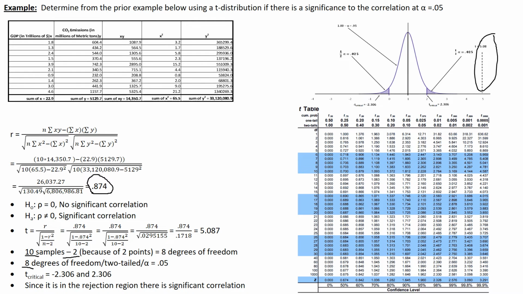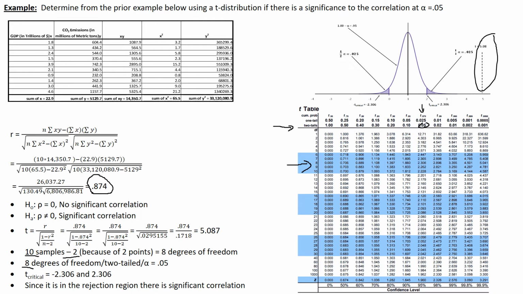So it's two-tailed because we want to see if it's equal or not equal. So I'll go over here, 2 tails, and it is 8 degrees of freedom, which is right here. And then it is at alpha 0.05 for 2 tails, which is right here.